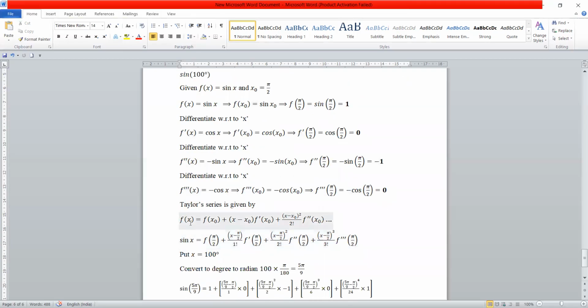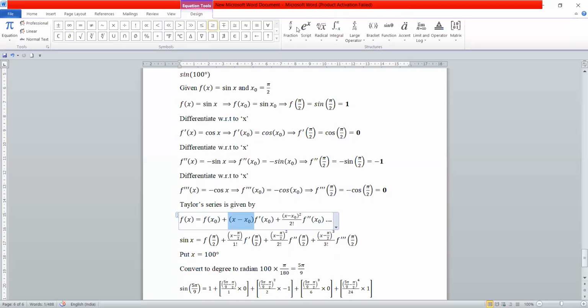Now we have the Taylor series: f of x is equal to f of x naught plus (x minus x naught) by 1 factorial into f dash of x naught plus (x minus x naught) whole squared divided by 2 factorial f double dash of x naught. Okay, so what is f of x?